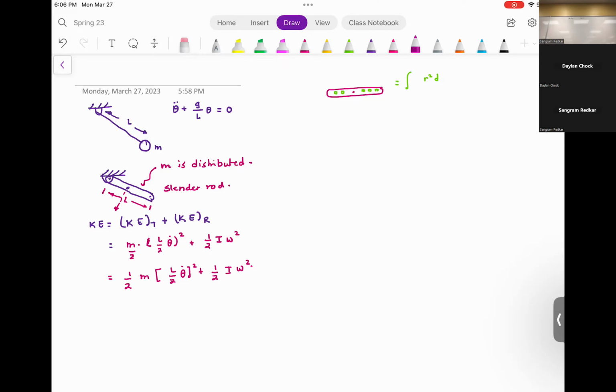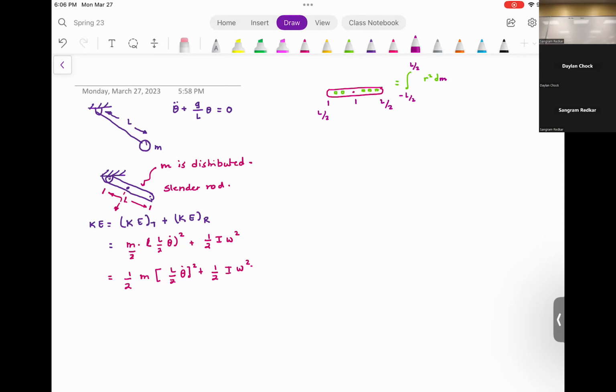So basically this is written as the integral of r square dm, and this goes from minus L by 2 to plus L by 2.